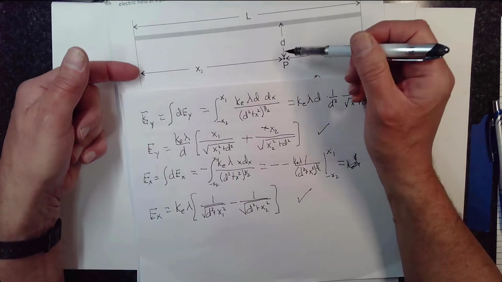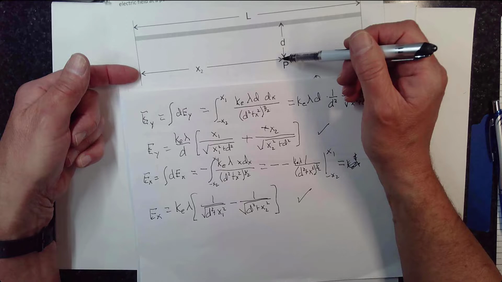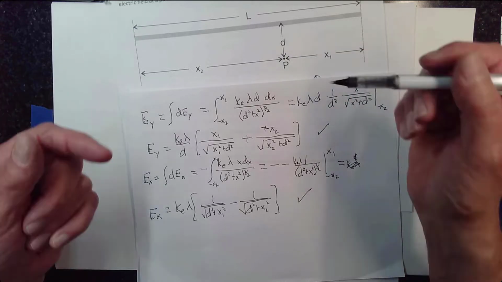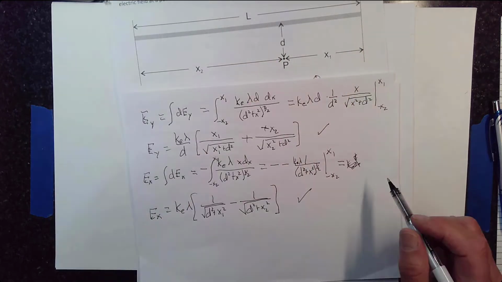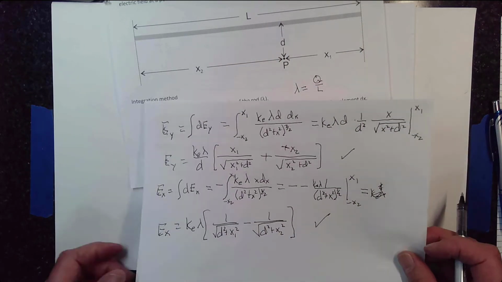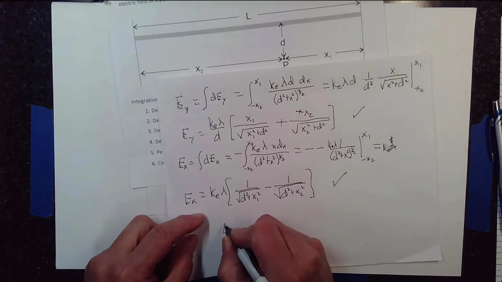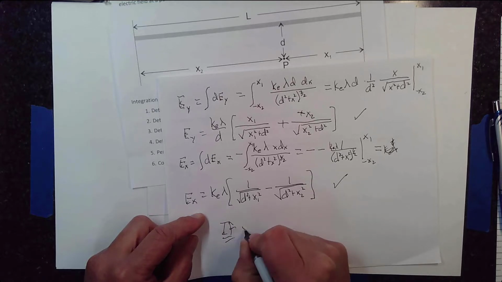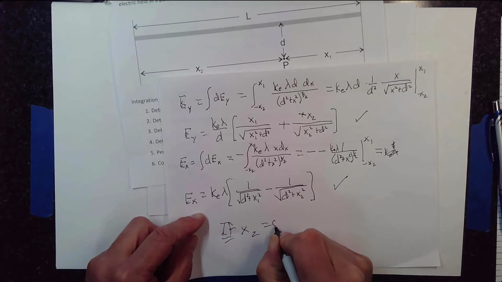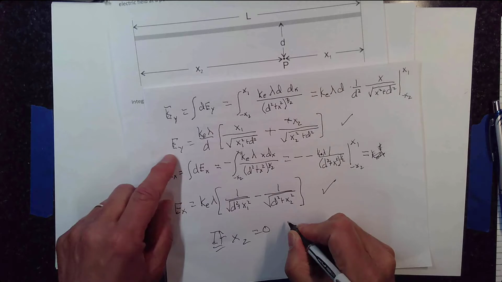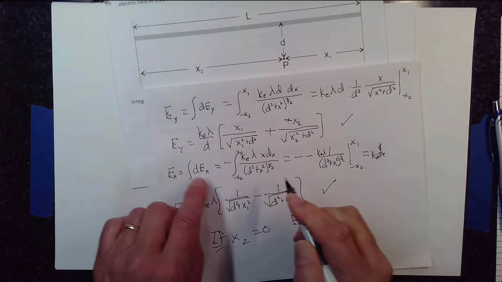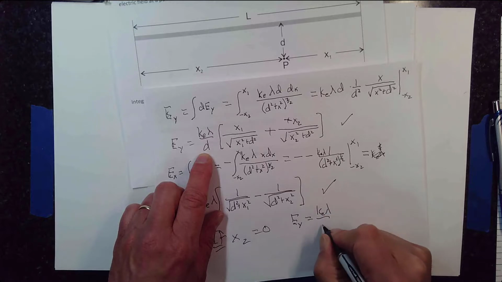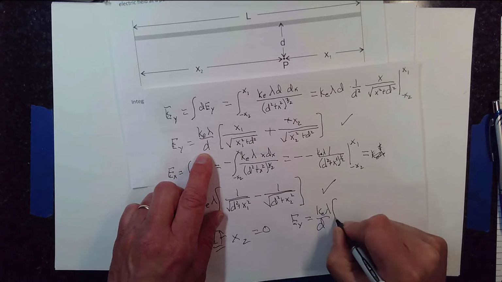If I let x2 equal 0, it'll be the situation where I have something extending off to the right. And so if x2 is equal to 0, then in this situation, E sub y will equal k sub e lambda over d. I'm reusing the d.